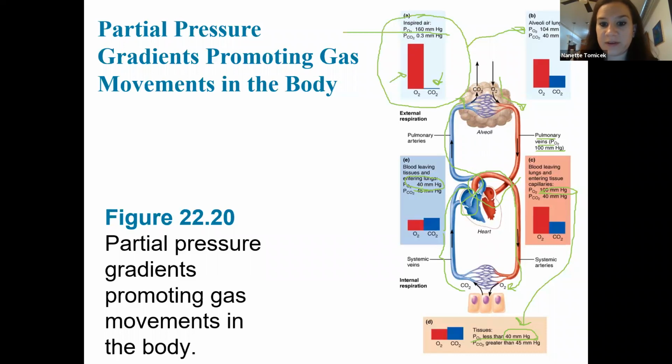We're coming from an area where we only have 40 millimeters of mercury compared to 160 millimeters in the atmospheric air that we're breathing in. So now we have pressure, again, for the oxygen to diffuse from the atmosphere across the alveolar membrane into the capillary, and then we can go around again.